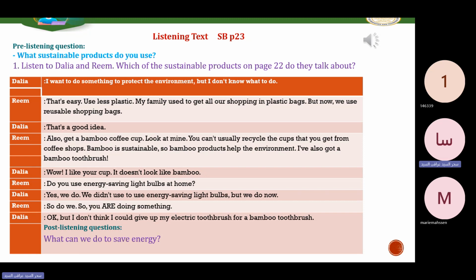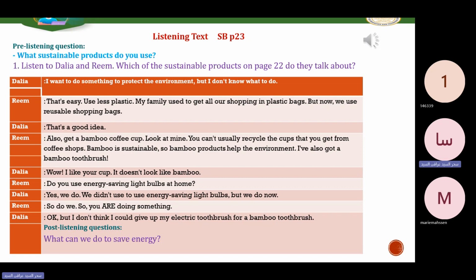I want to do something to protect the environment, but I don't know what to do. That's easy. Use less plastic. My family used to get all our shopping in plastic bags, but now we use reusable shopping bags. That's a good idea. Also, get a bamboo coffee cup. Look at mine. You can't usually recycle the cups that you get from coffee shops.